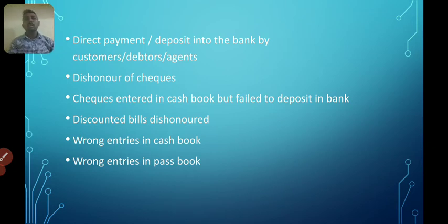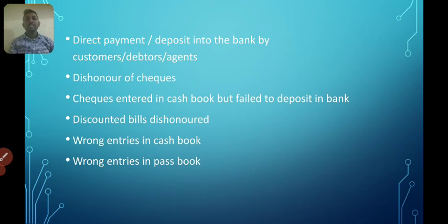This is called direct payment or deposit of a check by the customer or debtors. Whenever the banker receives a check on behalf of the bank's customer, they enter it on the credit side of the passbook. So there is an increase in the passbook.